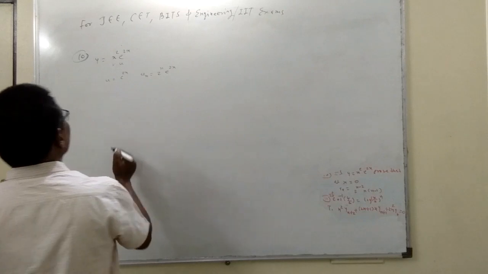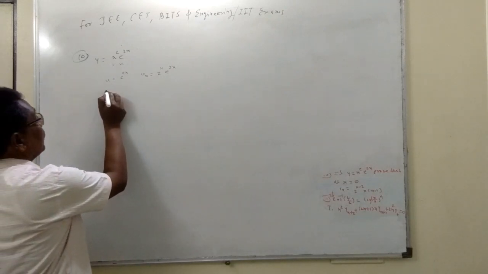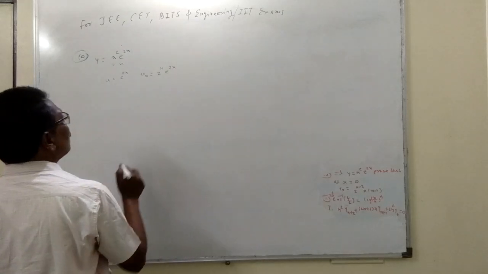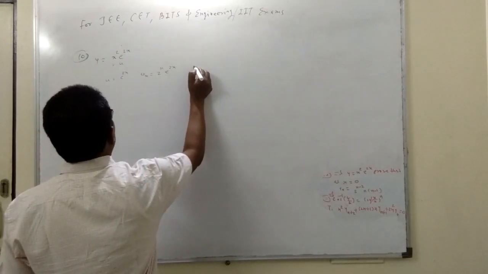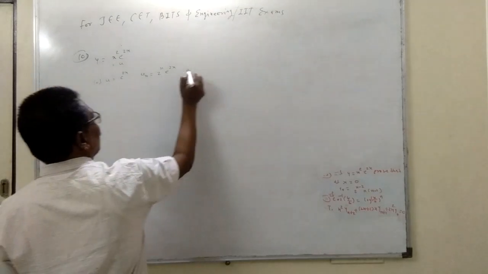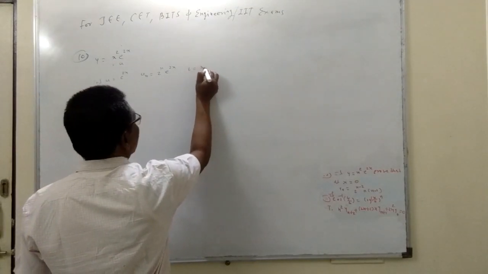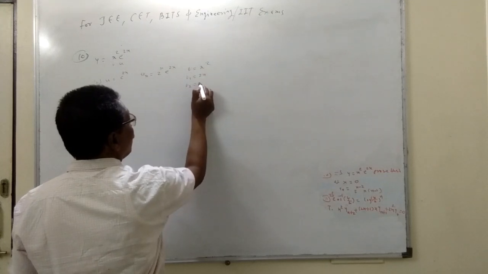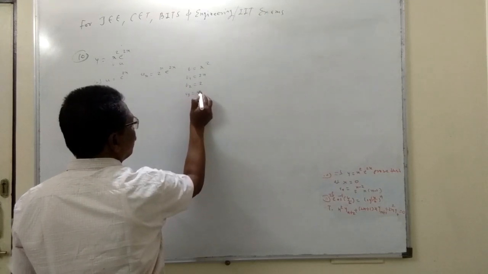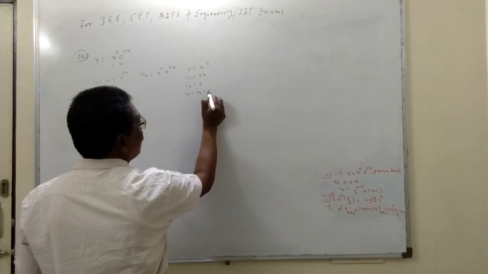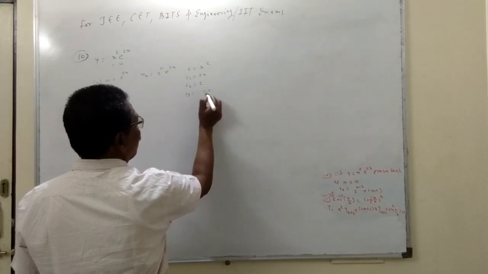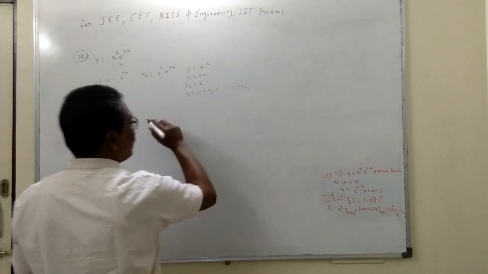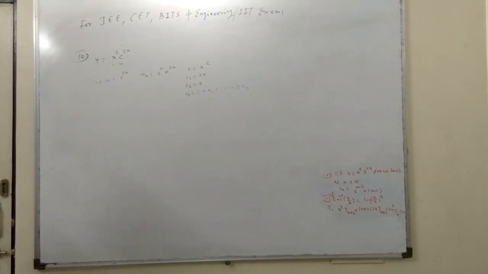Let v is equal to x square. So v1 is equal to 2x, v2 is equal to 2, v3 is equal to 0, constant derivative 0, and v4 and so on up to vn. So all the higher order derivatives are 0.